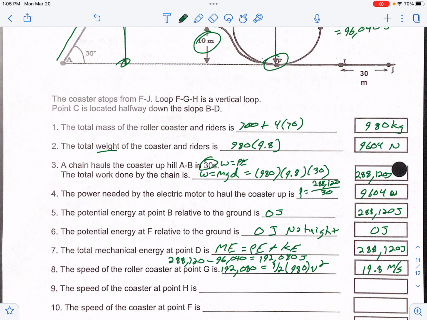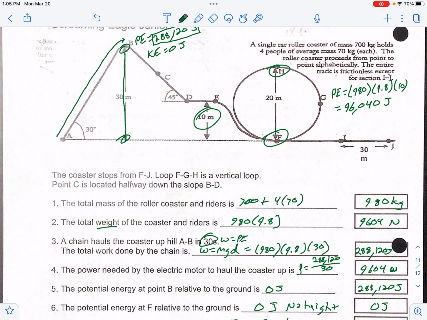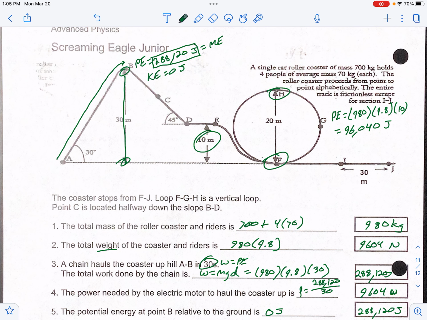Okay, now I'm going to do the same thing with the speed of coaster at point H. So point H, what I'm going to do is I'm going to find what is my potential energy at point H. Okay, so potential energy is going to be my mass, which is 980, times gravity is 9.8, and my height, kind of ran out of room here, is 20. Okay, so multiply those out, and I get 192,080 joules.